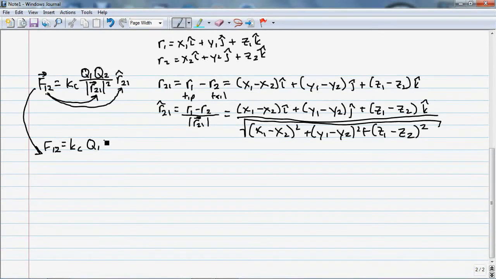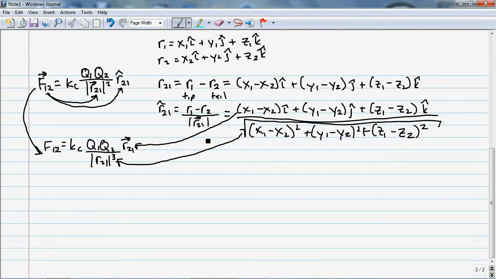Here we've just taken this square root and put it into our formula, and that makes this bottom part go to the 3rd power, and this top part then becomes, instead of having r hat, we'll have the r vector.